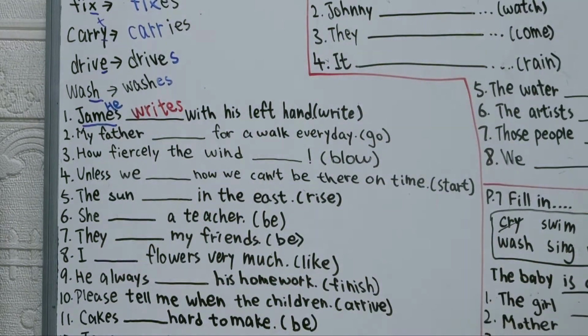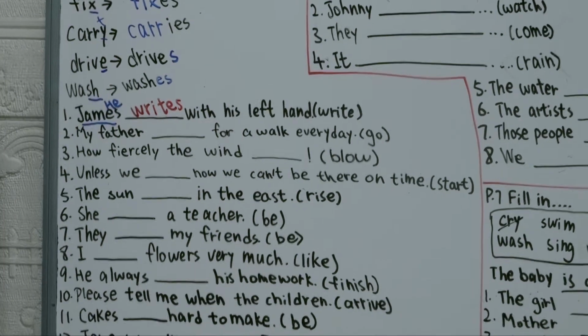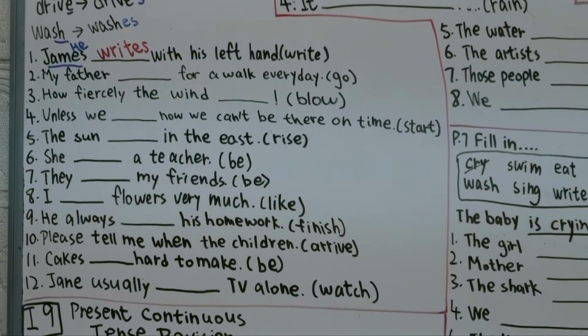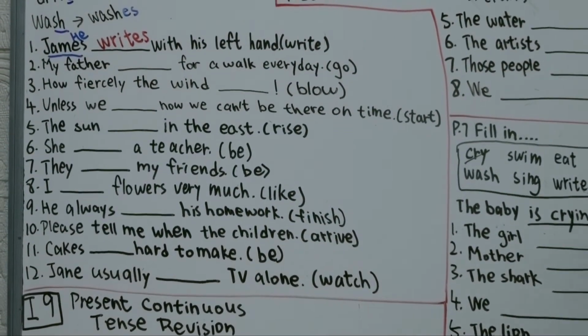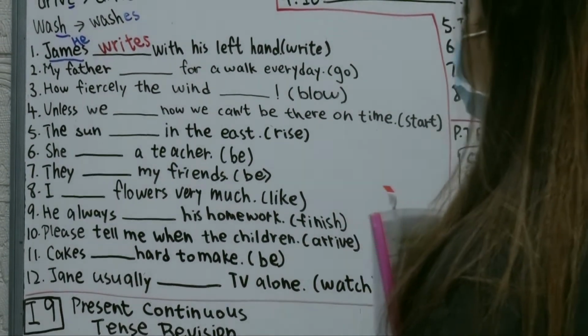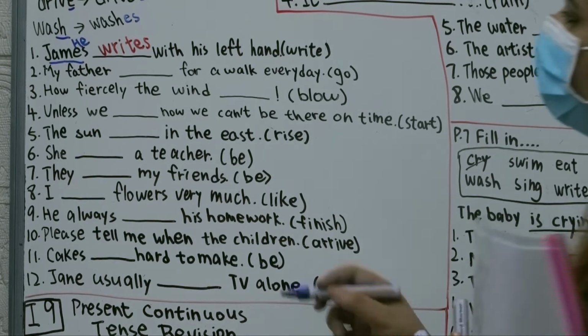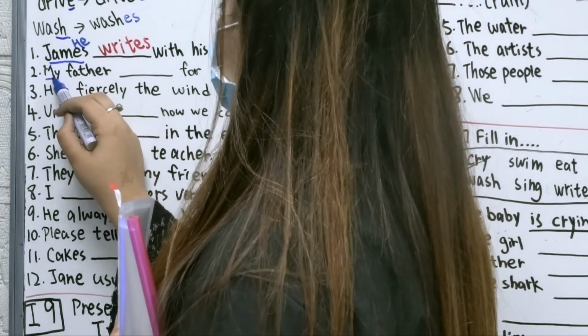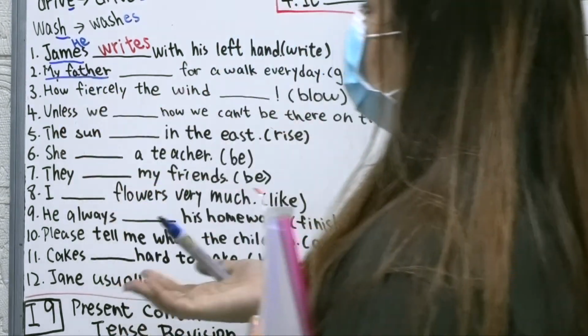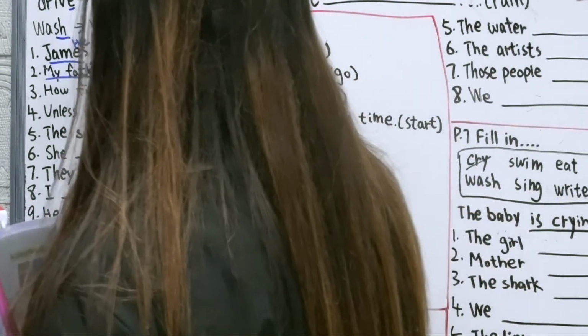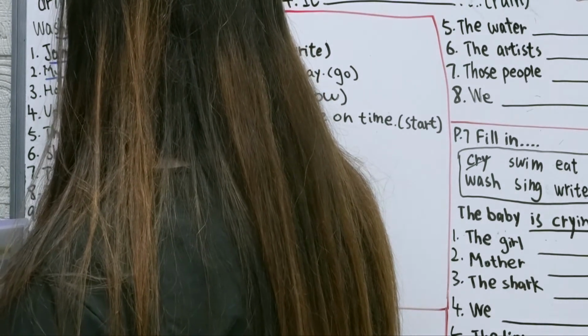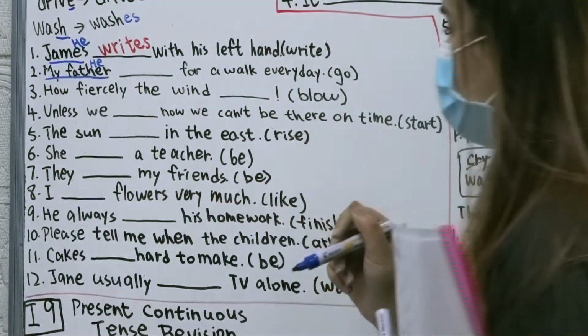Simple as that. Number 2: my father goes for a walk every day. Why do we use goes here? Because the subject is my father. Father is he. Yes, very good. Add ES. So the subject for my father is he, and that's why we add ES.